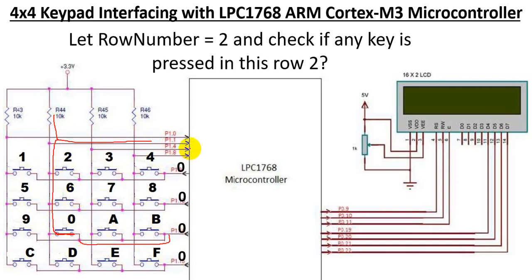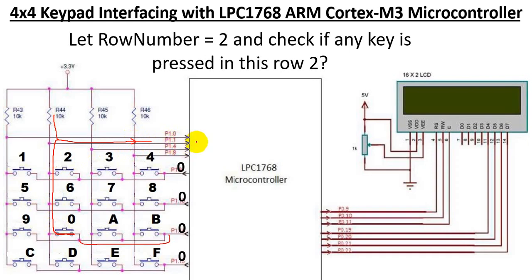So which path it will get connected? It will get connected to the lowest resistance path, because here you can see you have a very high resistance. Now that this key 0 was pressed, so this is a short circuit, and because we had sent a 0, so this 0 will go to this port pin, that is P1.1.